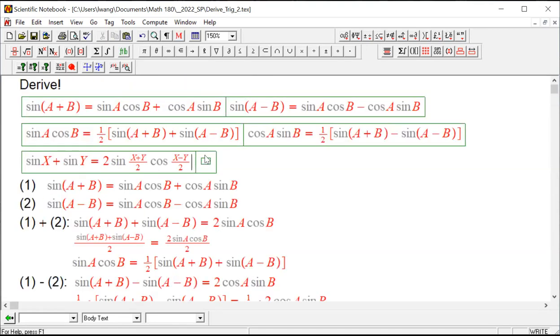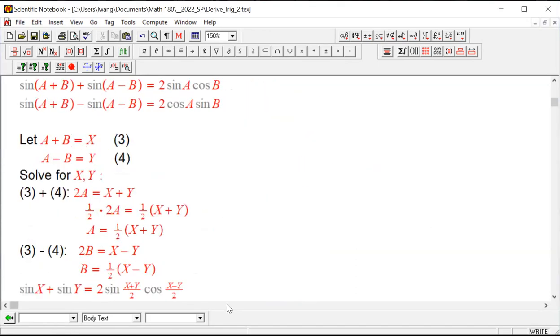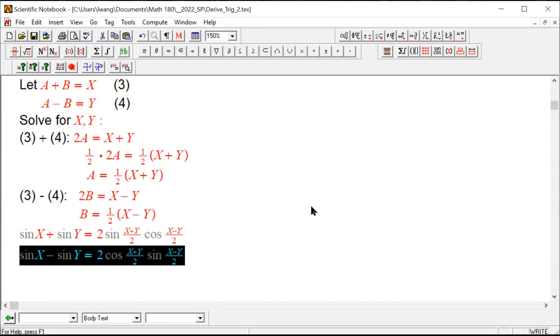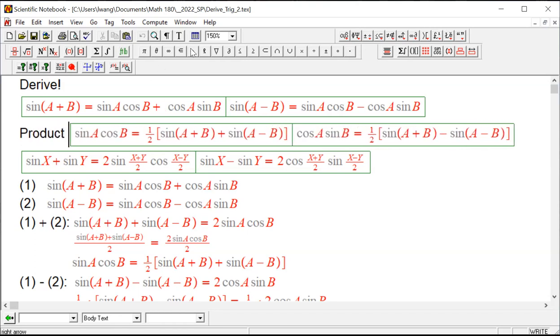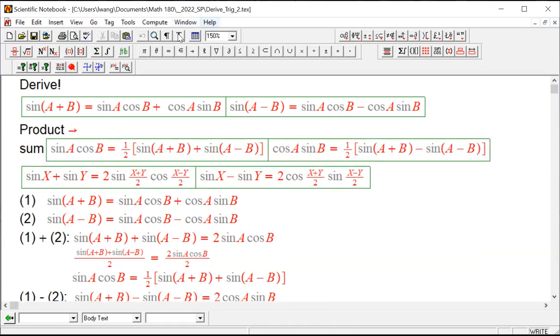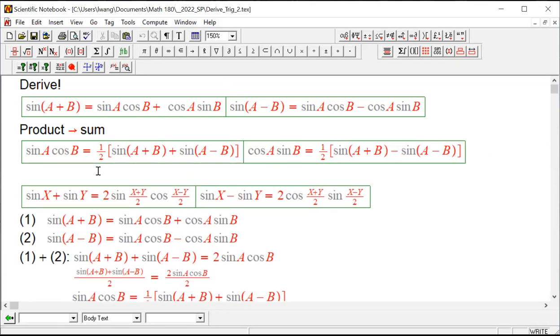This one is called product to sum, or product to sum or difference, and the next one is sum to product, sum or difference to product.